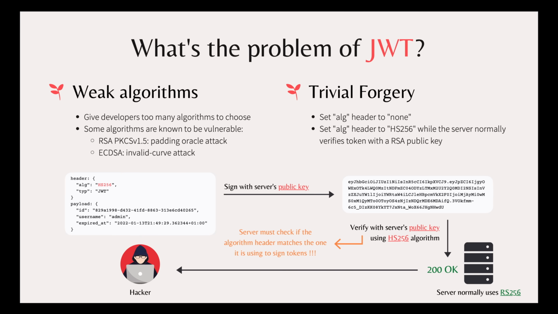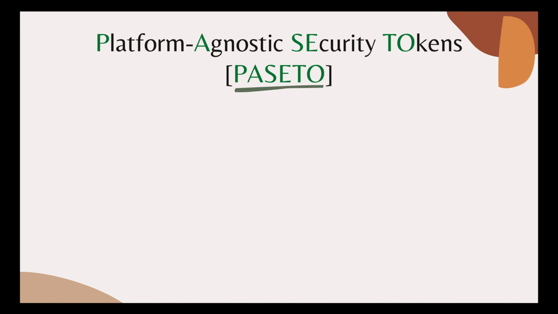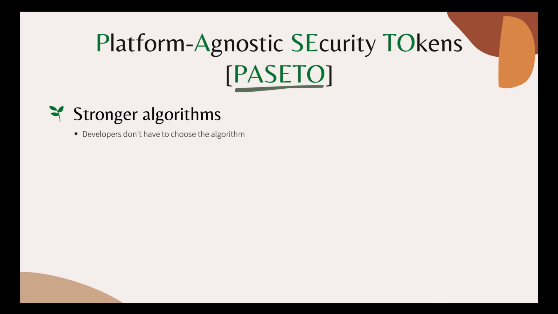Therefore, many people are trying to stay away from it and migrate to something more robust. PASETO, or Platform-Agnostic Security Token, is one of the most successful designs that are being widely accepted by the community as the best secure alternative to JWT. It solves all issues of JSON Web Token by first providing strong signing algorithms out of the box, so developers don't have to choose the algorithm anymore.